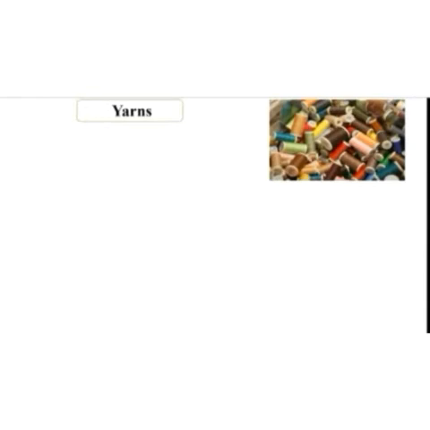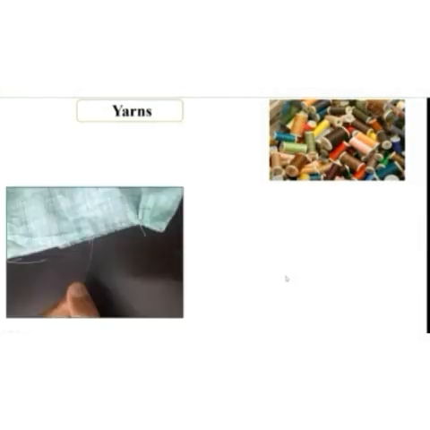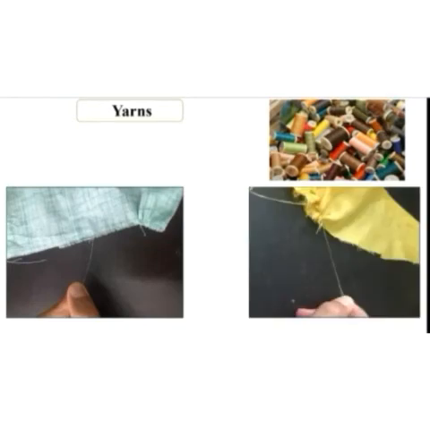So let's now find out what these strands are. These strands are called yarns, or we can say loose threads. Students, you must have seen these yarns at some tailor shop or even at your home. To better understand yarns, try taking out a loose thread from any edge of a fabric piece.